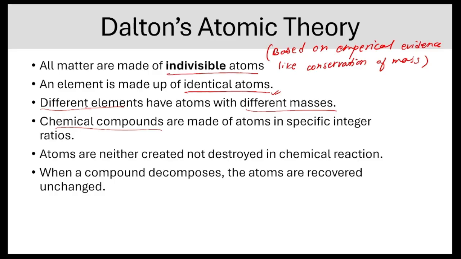We can see an example like this. This is water, and you can see there are two hydrogen atoms and one oxygen atom, instead of looking something like this. So all chemical compounds will always have specific integer ratios, not fraction ratios.